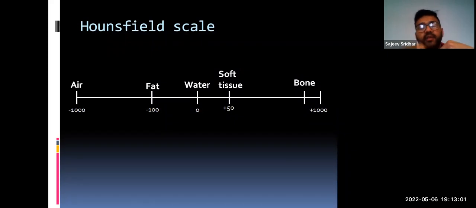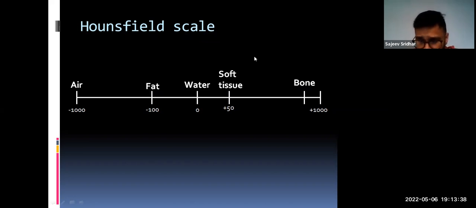Anything that is denser than water would be categorized above it, and technically we can go even beyond 1000 by that definition. But for normal structures in the body, and even artificially placed structures, be that a pacemaker, a shunt, or even a bullet, they are all still within the confines of about 1000 or just less than 1000.